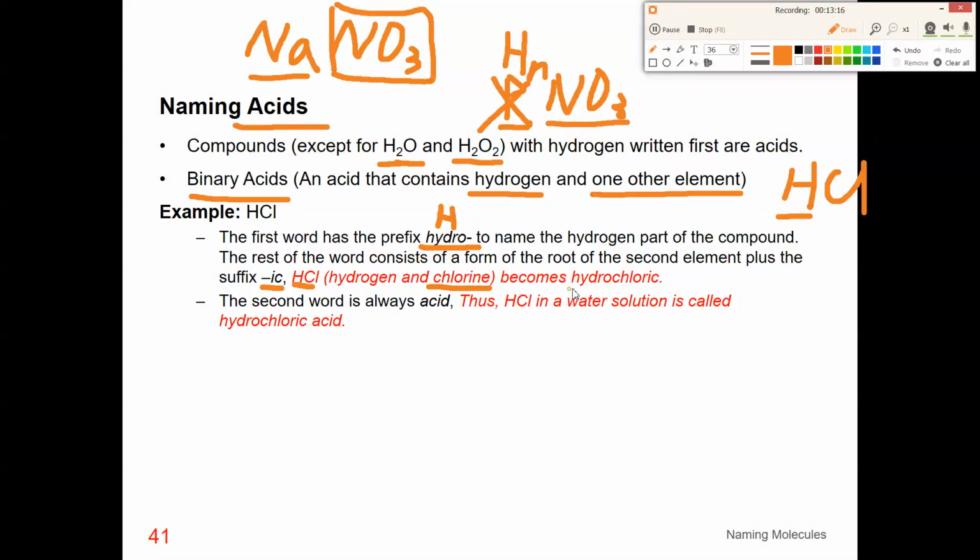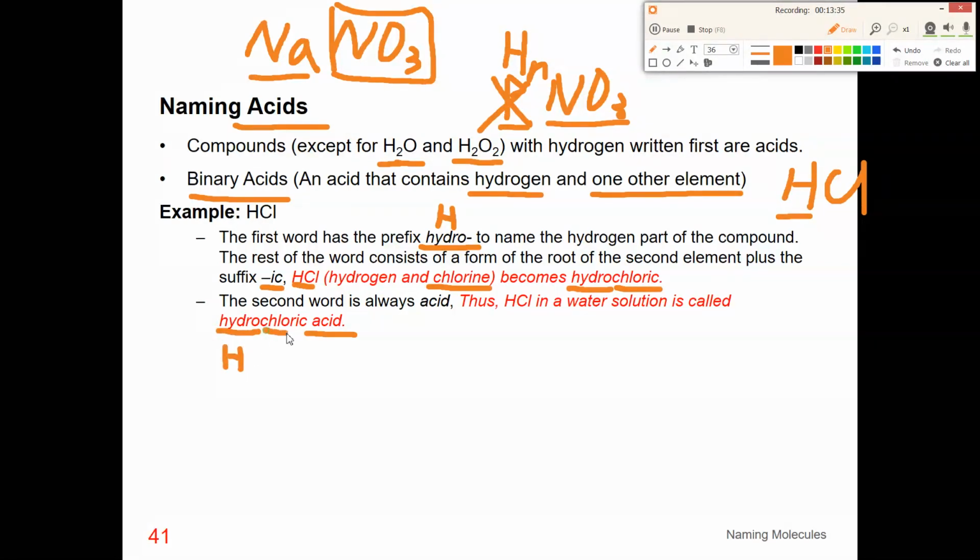So it becomes hydro, meaning hydrogen, then chlor, with the ending changed to IC. Chlorine, INE changes to IC. Then you add acid at the end. So the name is hydrochloric acid, changing from chlorine to chloric. So it's HCl. Acid means this compound is an acid.